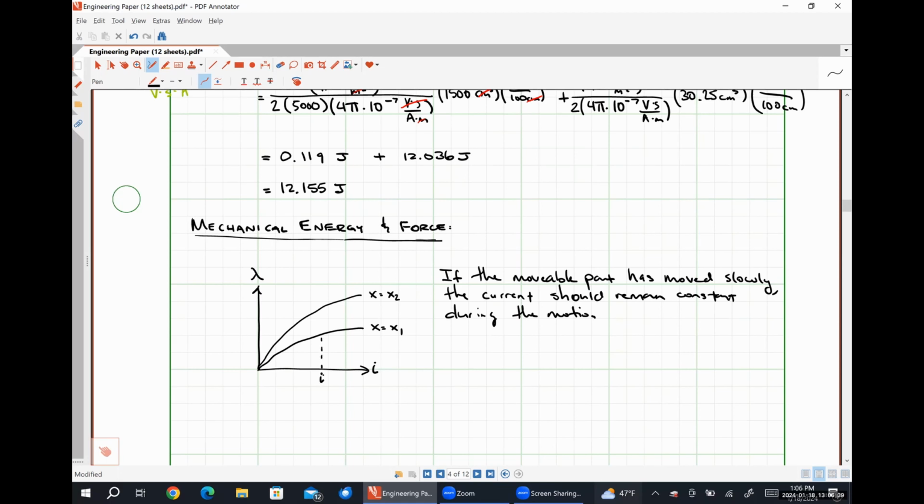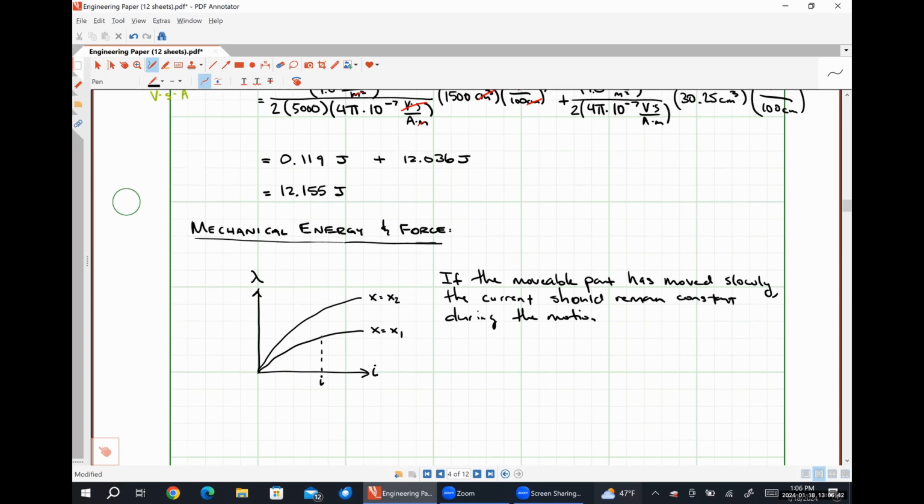This is what our constant current is. Originally we were at this operating point, which I'm going to call A. Now we're going to be at this operating point, which I'm going to call B, because our gap length has changed. These points have corresponding flux linkages, flux linkage 1 and flux linkage 2 on our graph. I'm going to call this point C and this point D. Down here at the bottom left is my origin, which I've labeled as O.